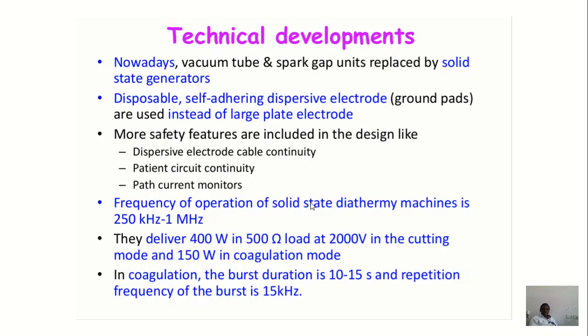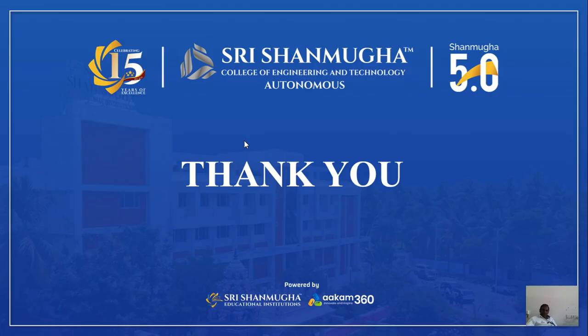These are some technical specifications of the solid state diathermy machine. In coagulation, the burst duration is 10 to 15 seconds and the repetition frequency of the burst is 15 kHz.